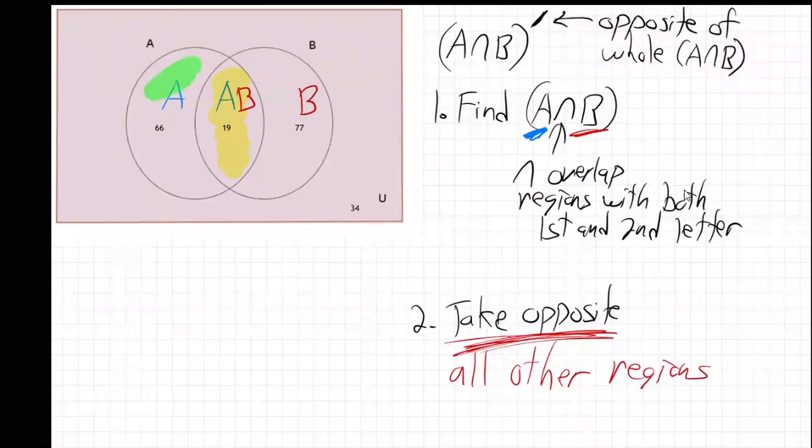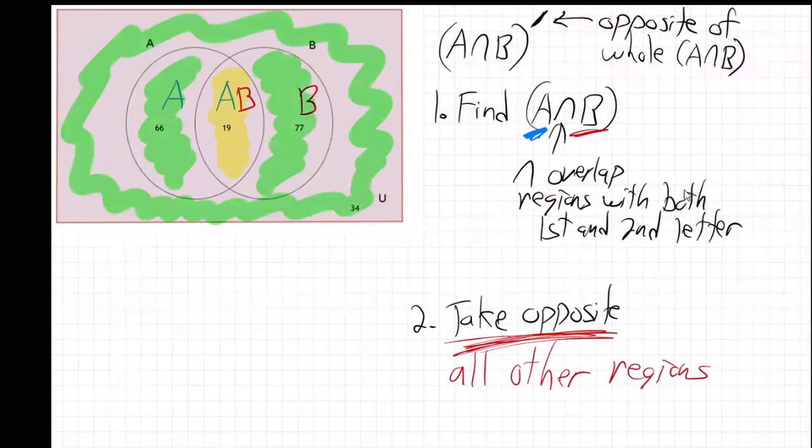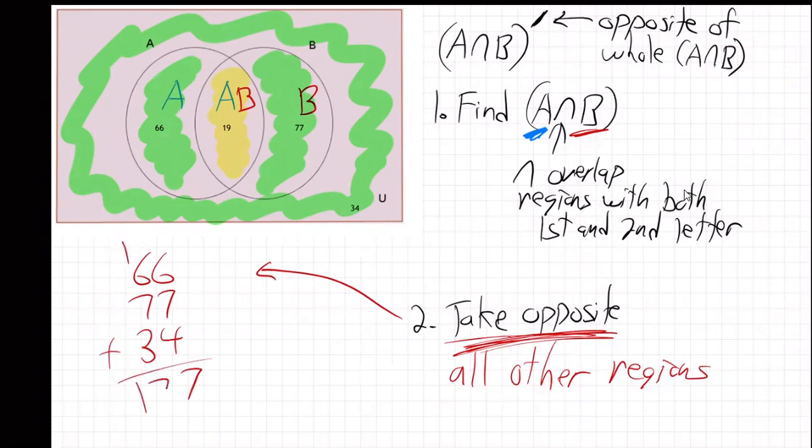That's how we end this problem. So we're going to take this region, and the outside, all the other regions. And so that's going to be what? 66, 77, 34. Add them up. 177. There's our answer. Does that make sense? Questions on that?